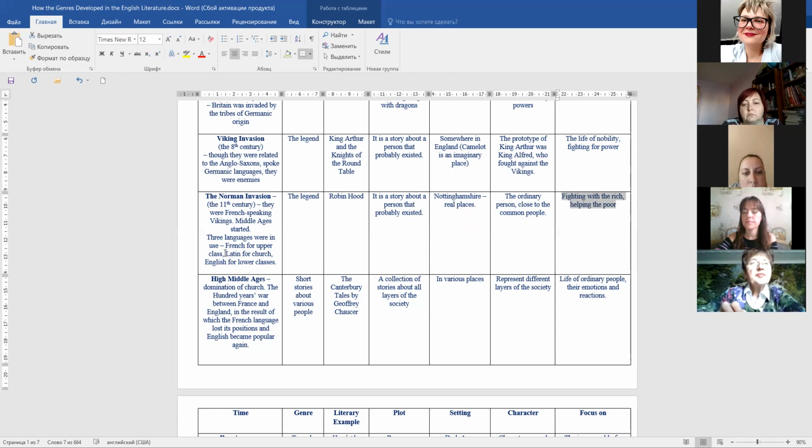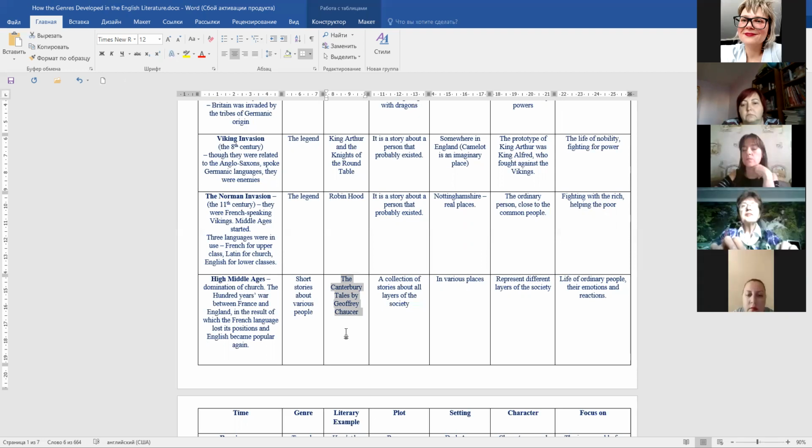English becomes popular again, and we see Canterbury Tales by Geoffrey Chaucer. Geoffrey Chaucer is very often likened to Kotlyarevsky, the person who started writing in his native language. That was early modern English.